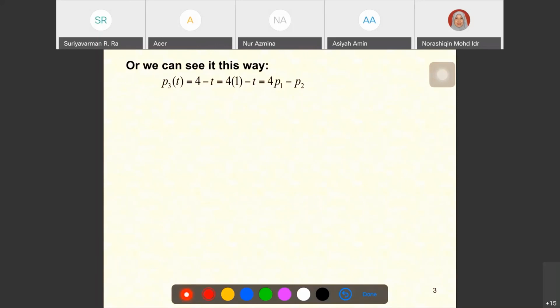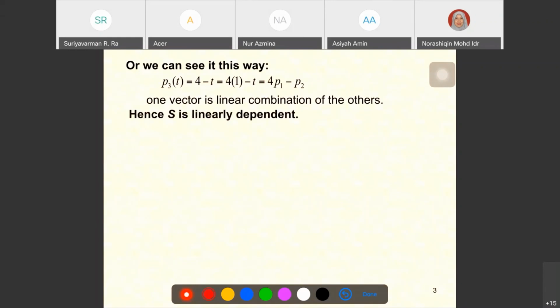That is 4P1 minus P2. So, P3 is a linear combination of P1 and P2. We can also use that and we say that S is linearly dependent. It depends on who can see it. Okay, we can just go with that argument.